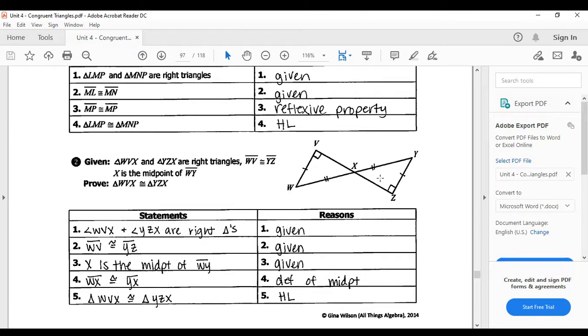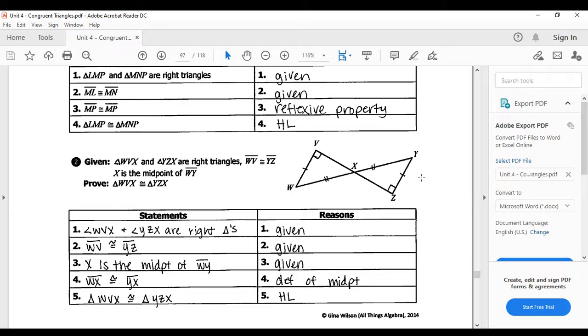We always remember midpoint: that means X cuts these two in half. So we would say that WX is congruent to YX, and we mark that here. Now, if you notice, we have the legs, and then we have the hypotenuses, across from the right angle.